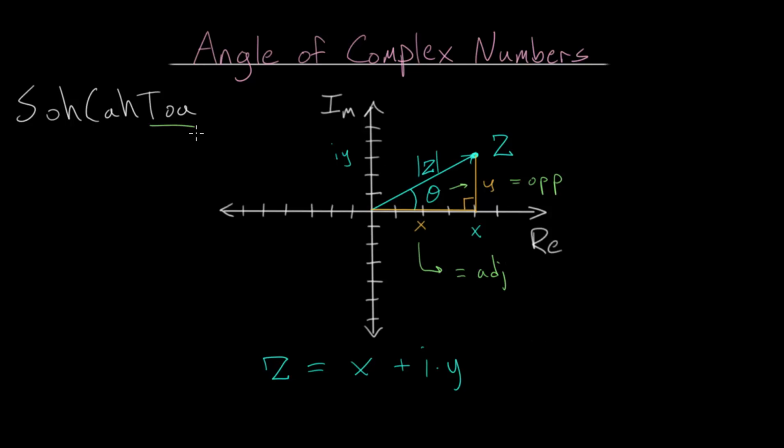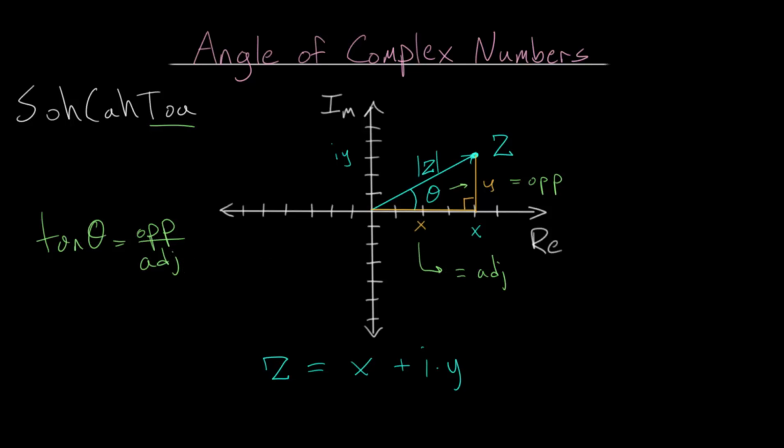And the trig function that deals with opposite and adjacent is the tangent function. And in general, we can say that the tangent of an angle theta is equal to the ratio of the opposite side divided by the adjacent side.